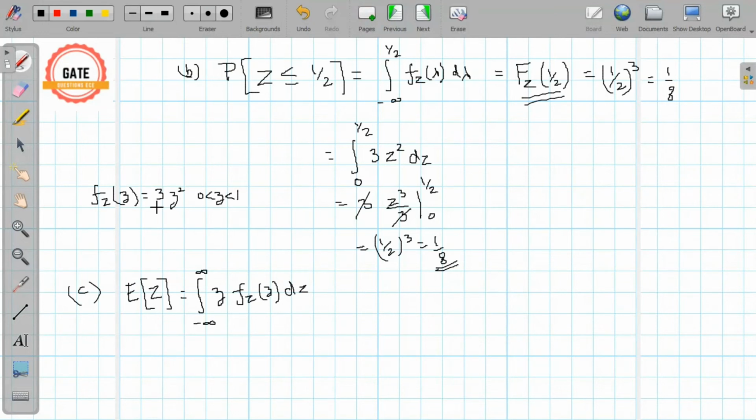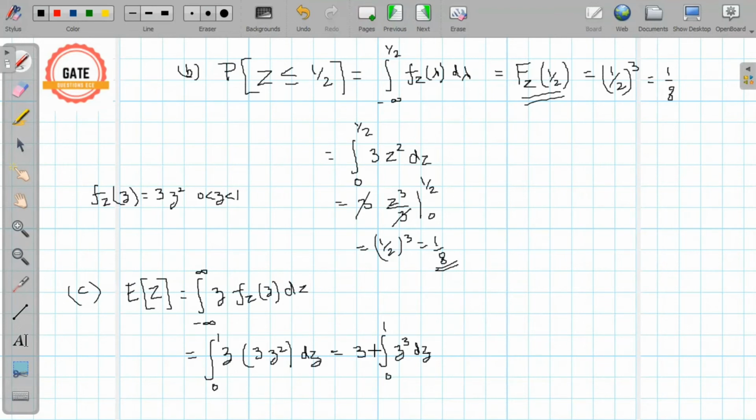So putting this function value here, we will get integration from 0 to 1 of z times the function, which is 3z square, dz. So 3 is constant, it will come out of the integration, and the integration will go from 0 to 1 z cube dz.